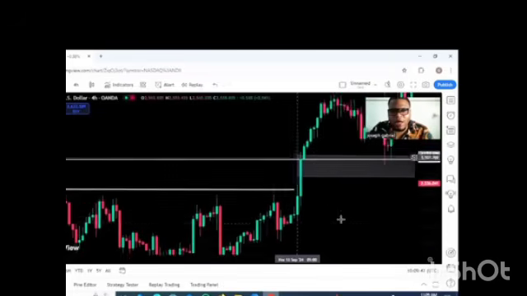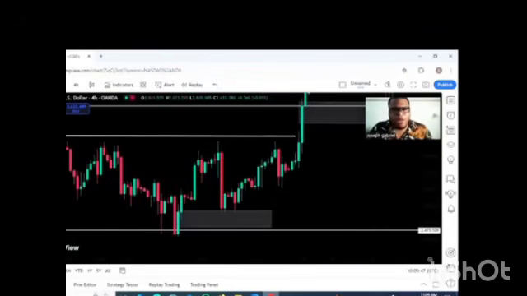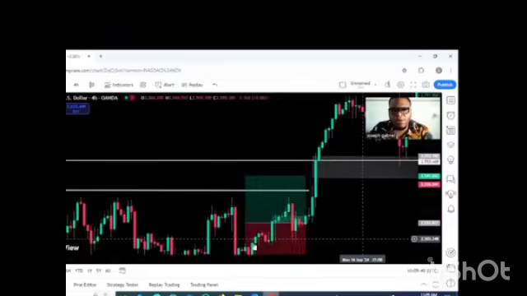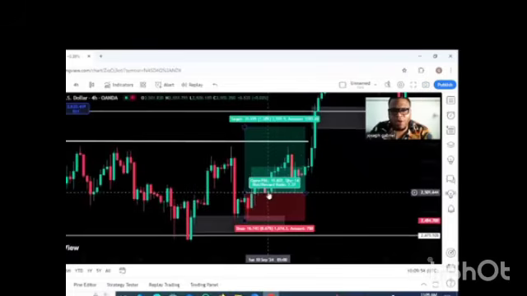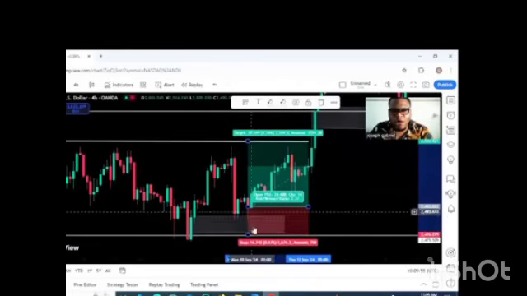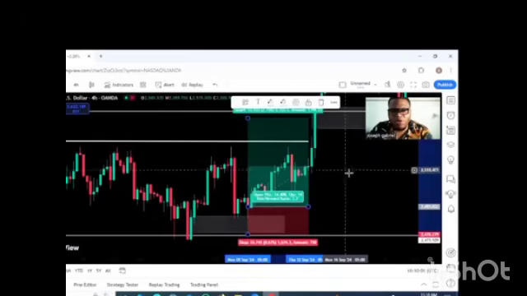Then I entered for my buy. So this was how the buy target was able to hit. I dropped my stop loss below this zone, and I targeted the next swing level.